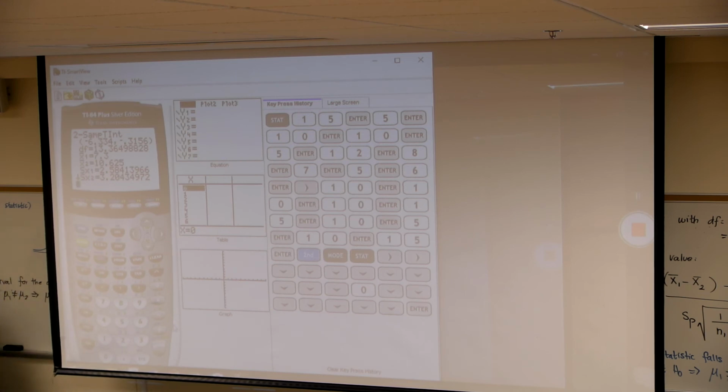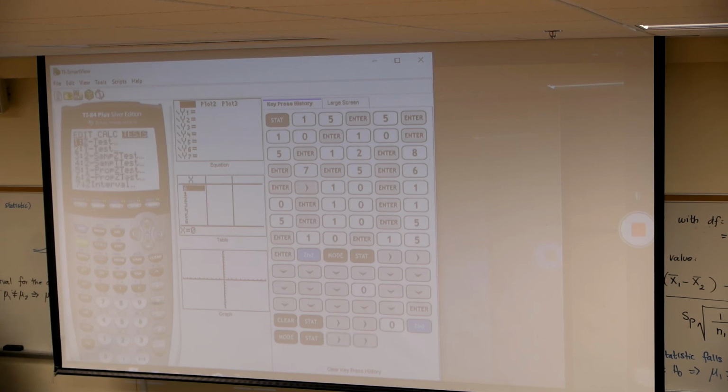Yes. How do you get to the two sample interval thing on the calculator? Start, over to tests, and option 0. So that is the interval, and we can actually perform the entire test using the calculator.